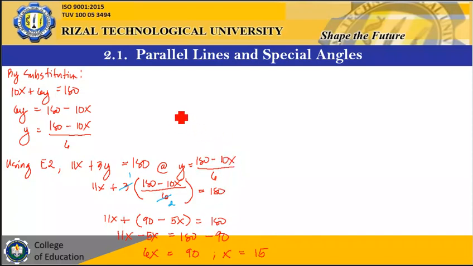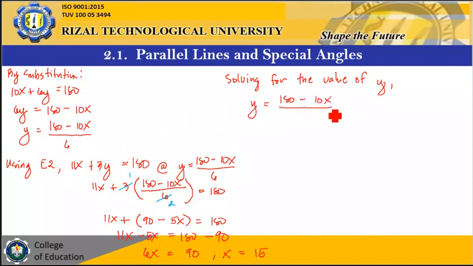Now let's solve for the value of y. I will use the equation wherein we initially solved the value of y in terms of x, that is y is equal to 180 minus 10x all over 6, and the value of x is equal to 15.